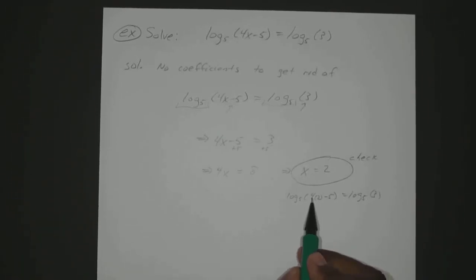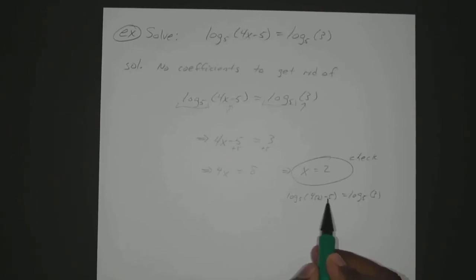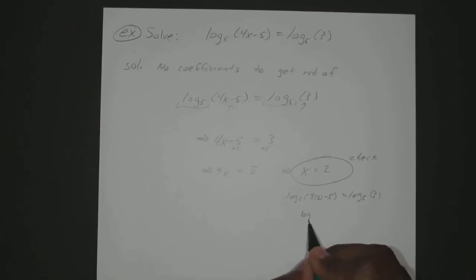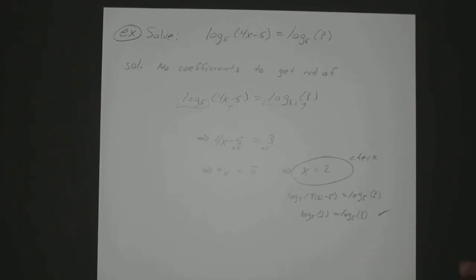Here you have 4 times 2, which is 8, minus 5. So 8 minus 5 is 3. So log base 5 of 3 equals log base 5 of 3, which is true. So it's a valid solution. x equals 2 is a valid solution.